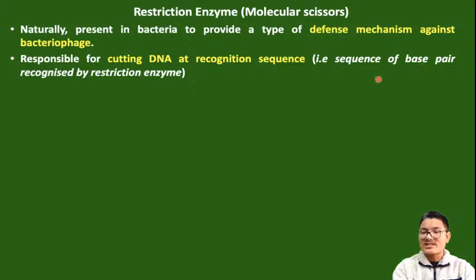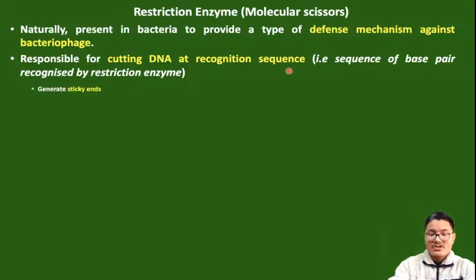A, T, G, C. These sequences of base pairs are recognized, first observed, identified, and cut by the restriction enzyme at the recognition site or recognition sequence. These are also called restriction sites.